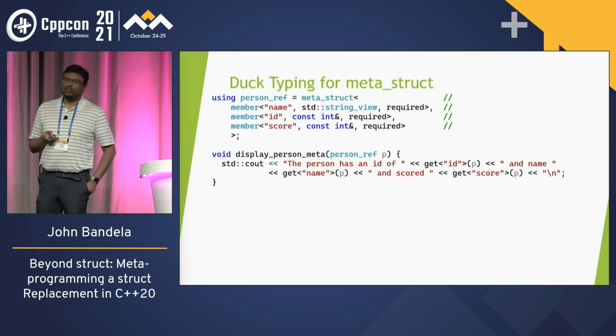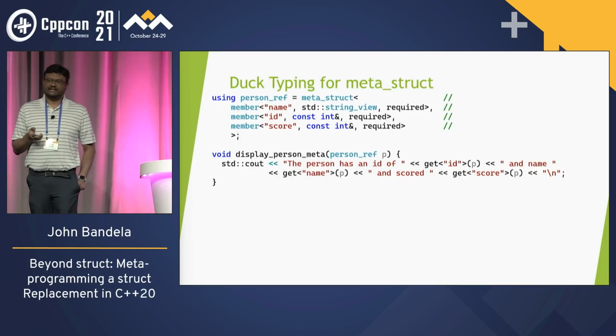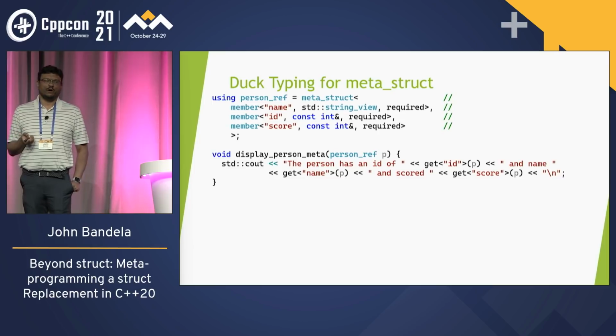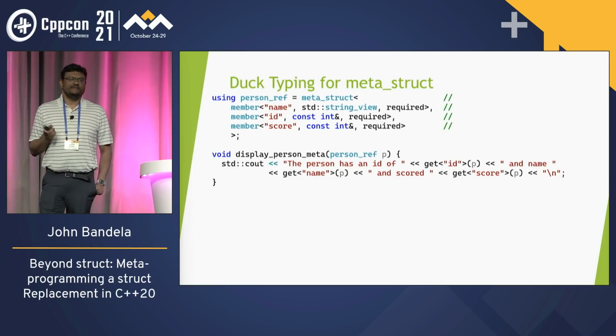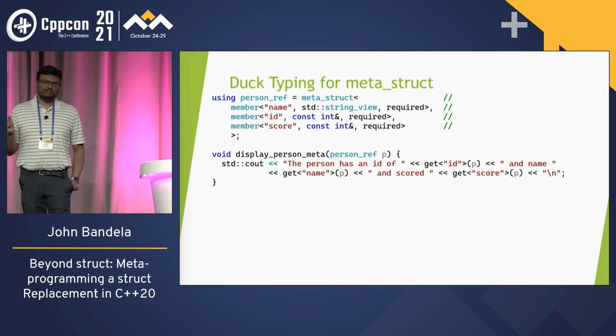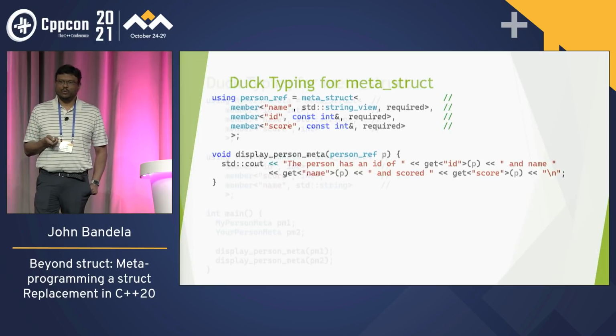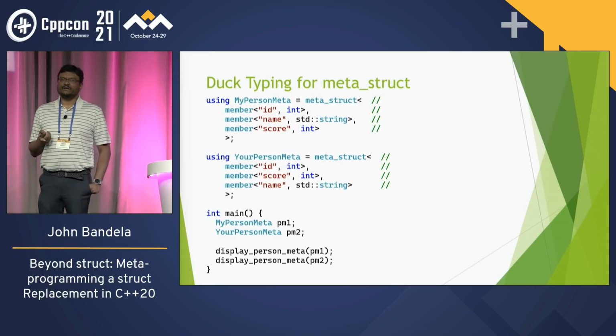With metastruct, what we can do is we can say person ref, and say name is a string view, ID is a constant int ref, score is a constant int ref, and we say display person ref, right? And we can get the ID, the name, and the score. And the thing is, this is actually not a template function. This is a regular function that takes a type, and we can just put a declaration, we can put it in a header, we can put this in a separate compilation unit, we can put it in a library, and it will work. And we can have different persons, right?